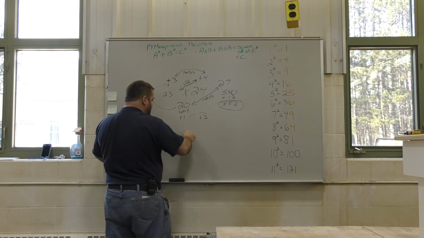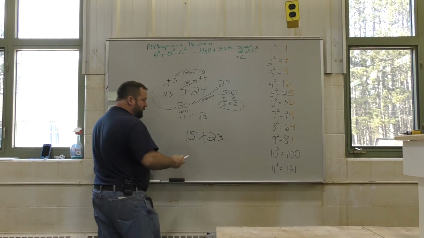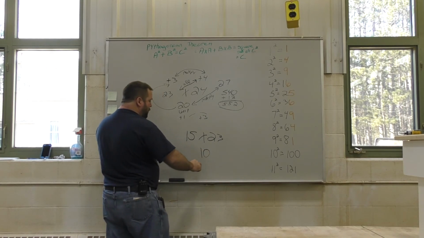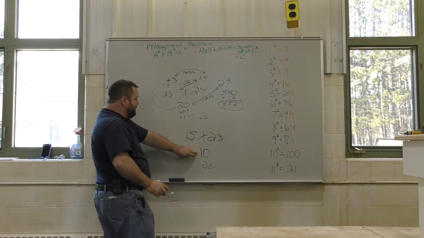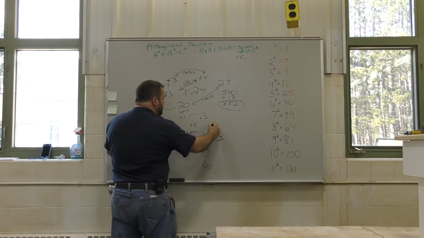If we did 15 times 23, you could do this two different ways. You could do this in a tens unit, or you could do it in a 20s unit. Up to you. If you did it in a tens unit, this is 5 greater, this is 13 greater.